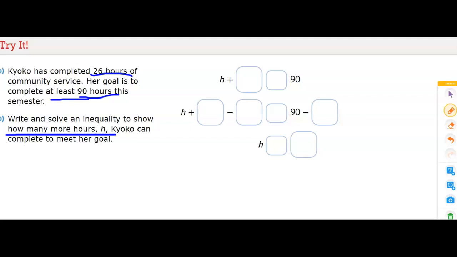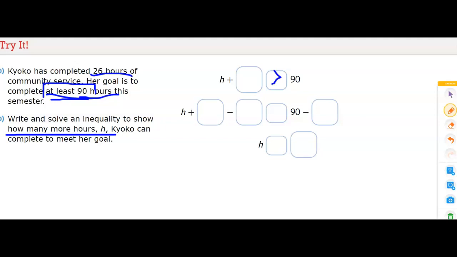So H plus a number is going to be greater than or equal to, or less than or equal to. At least tells us that it can be a minimum. That's what the word at least means, minimum. Her goal is to be at least 90, so whatever hours she does has to be greater than 90, and the at least tells us that's the minimum.